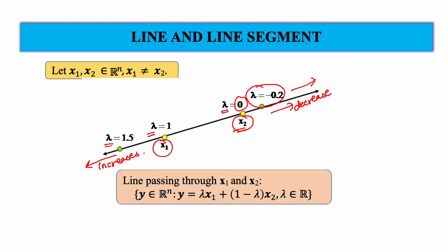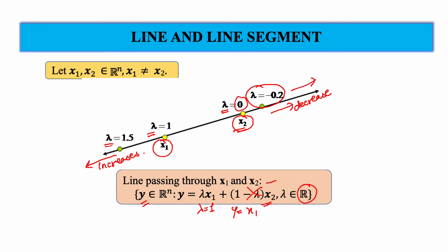The line passing through x1 and x2 can be represented by a set y, where y can be written as lambda x1 plus (1 minus lambda) x2, where lambda belongs to the set of real numbers. If I plug in lambda equal to 1, this is 1 and this becomes 0, so y is equal to x1 as the other quantity vanishes.